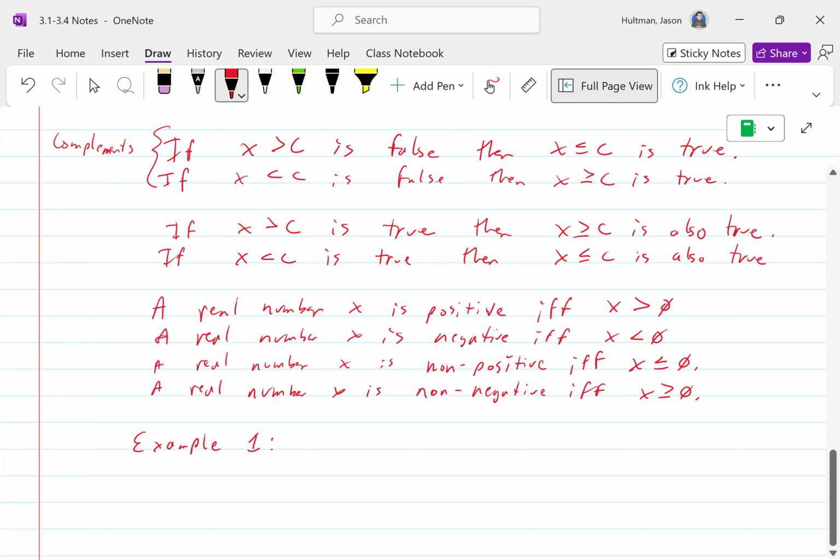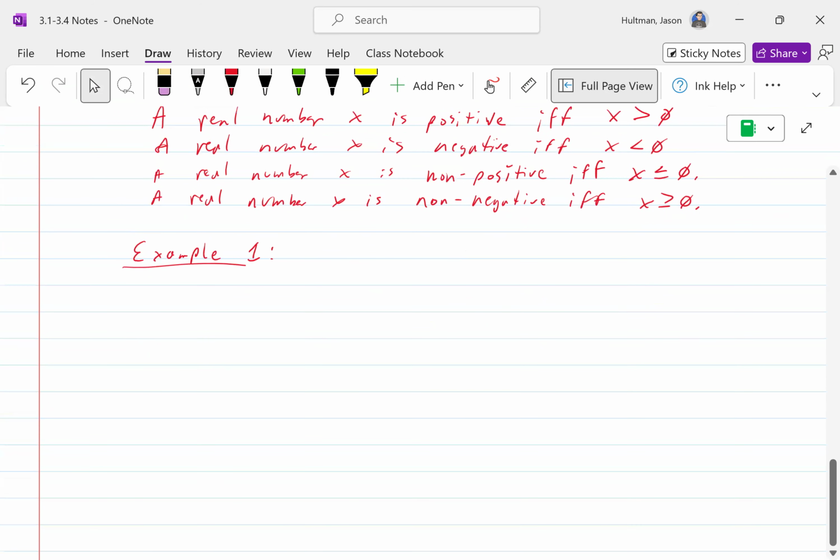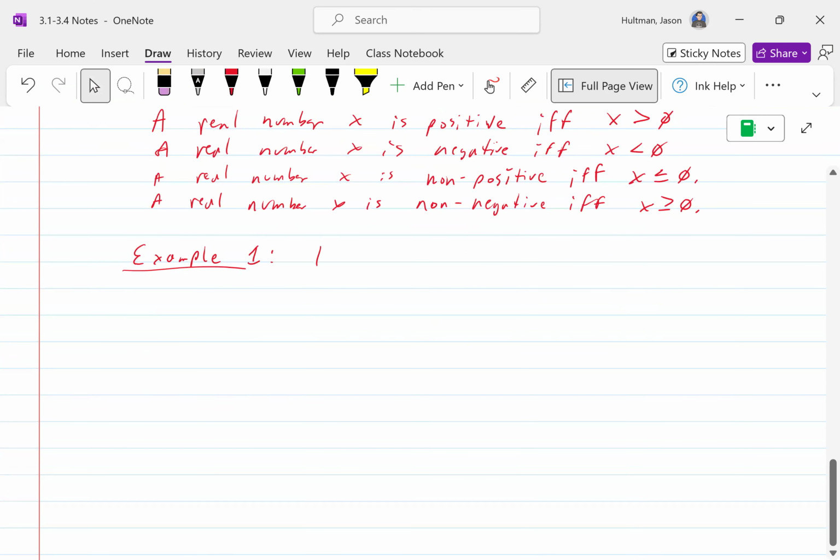Example 1. Find the truth values of the following statements.